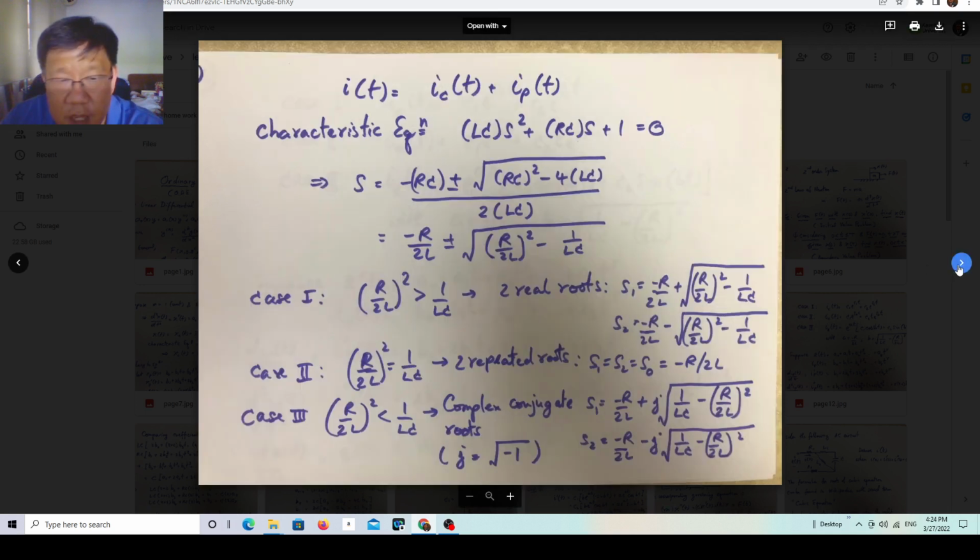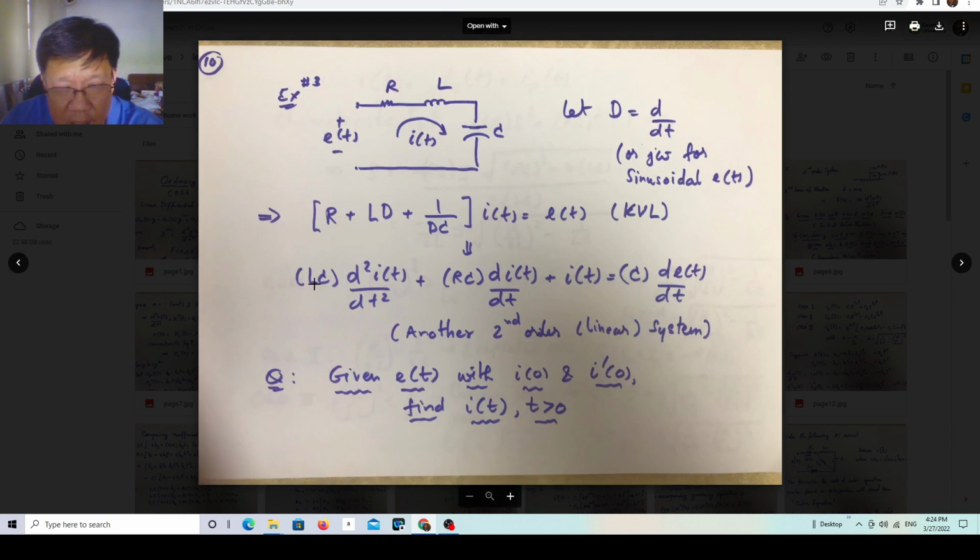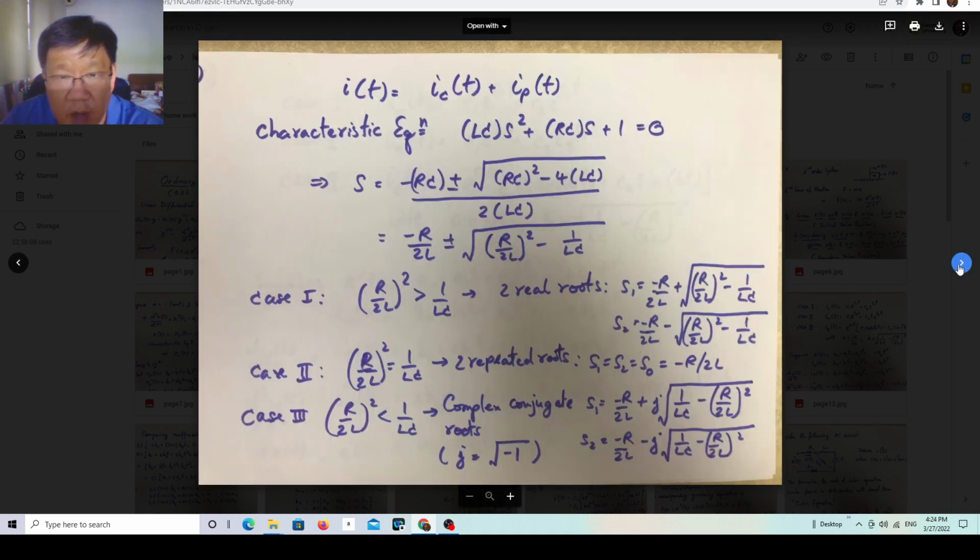So this is the characteristic equation, which is purely a quadratic equation.